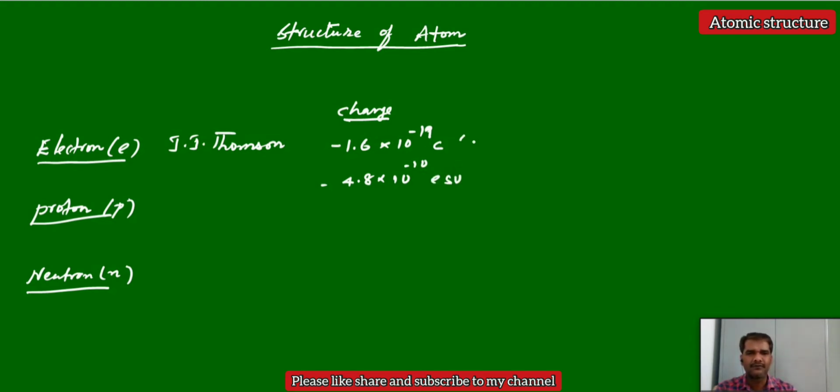This coulomb we will use in SI unit. If you say the charge of electron in coulomb, that is SI. Electrostatic units mean this is a CGS unit. Both are equal values only.